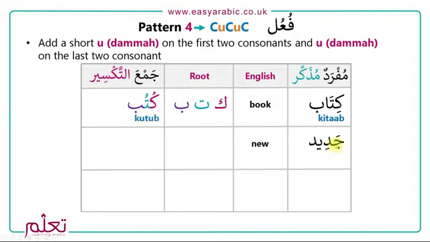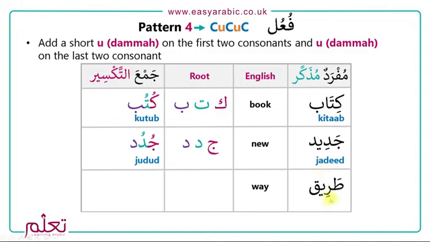Next one is jadid, which is new. The root letters are jim, dal, and dal. Here we're going to do jim with the damma is ju, dal with the damma is judu, and then dal, which is judud, which is new.